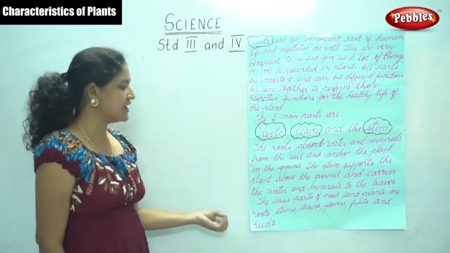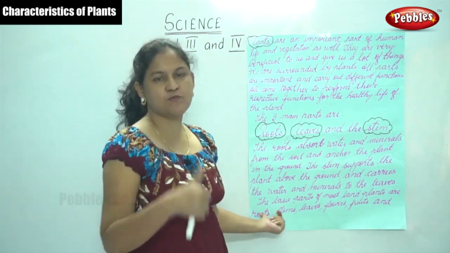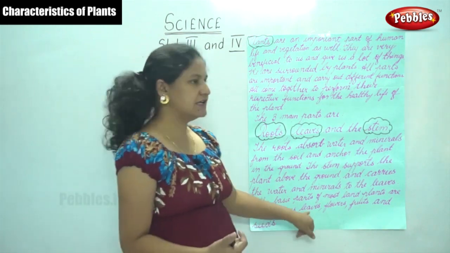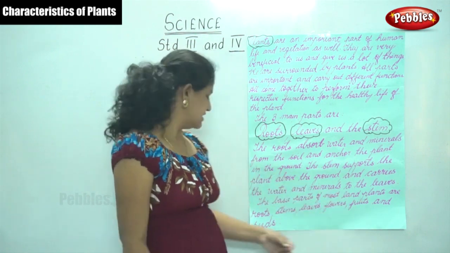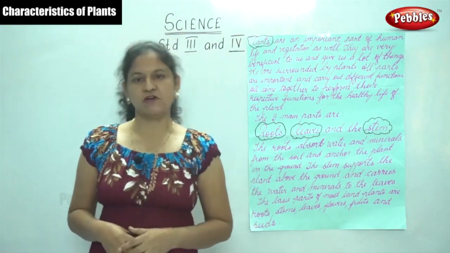These are the basic parts of most land plants: the roots that grow below the ground, the stem that grows above the ground, the leaves that grow on the stem, flowers, fruits and seeds. So these are the different basic parts of a plant.